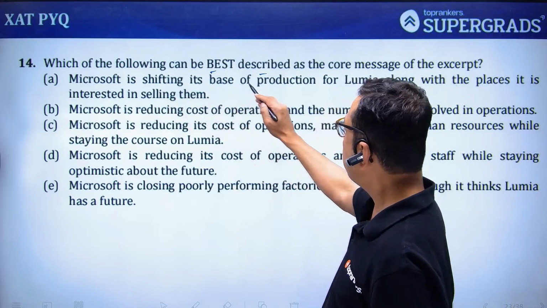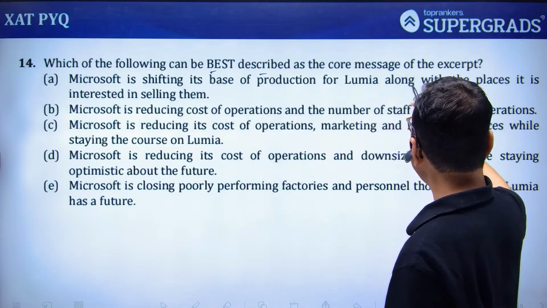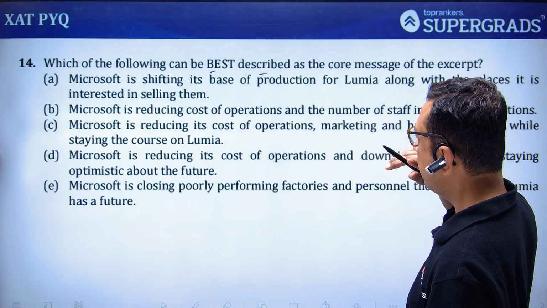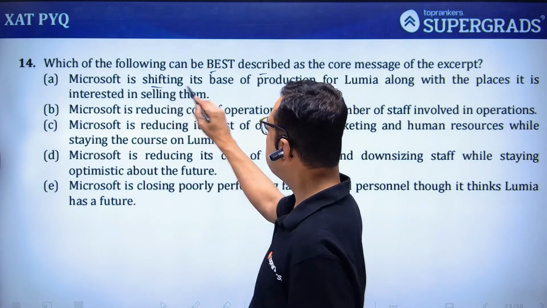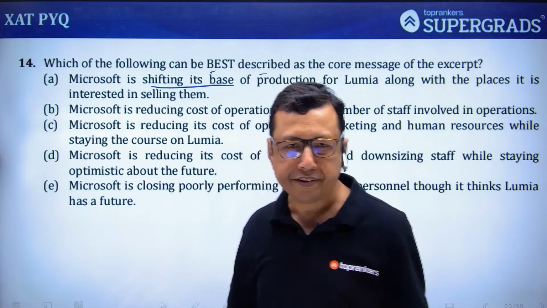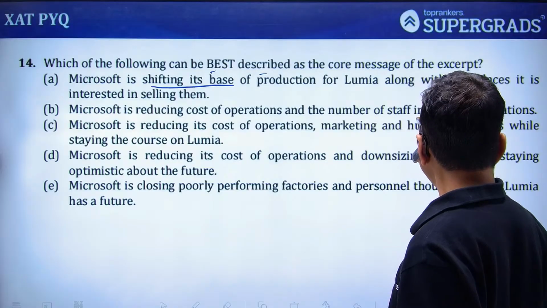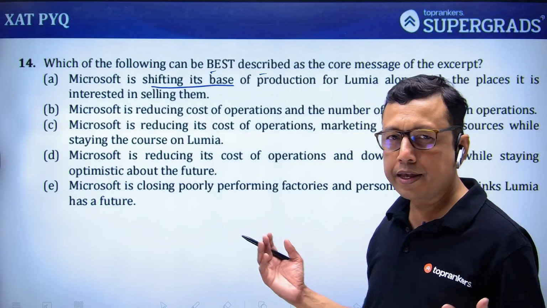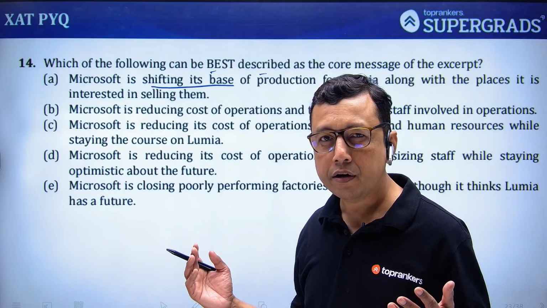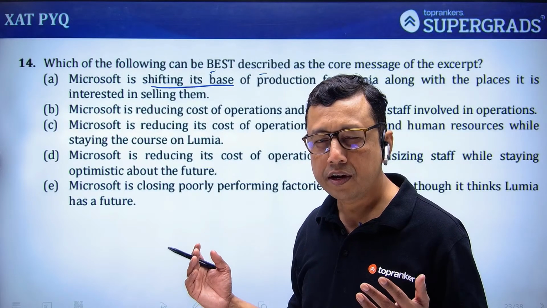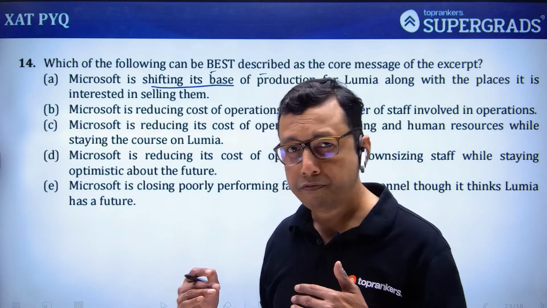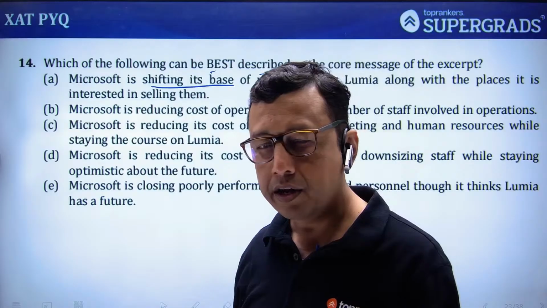Microsoft is shifting its base of production for Lumia along with the places it is interested in selling them. Shifting its base, okay, but it's incomplete, right? It doesn't capture all the important parts of the message that is there in the excerpt.